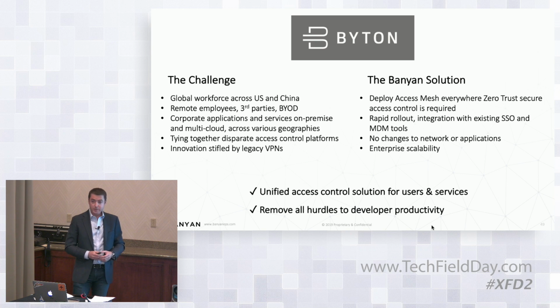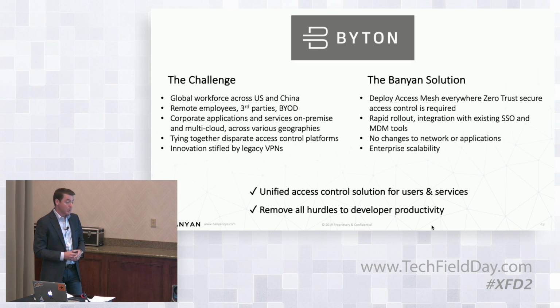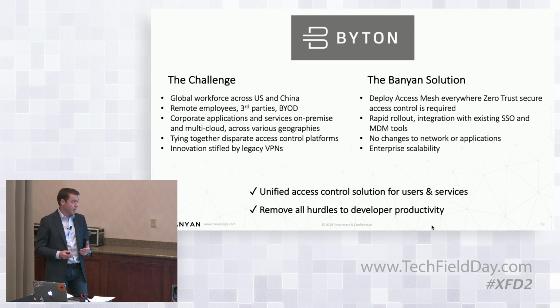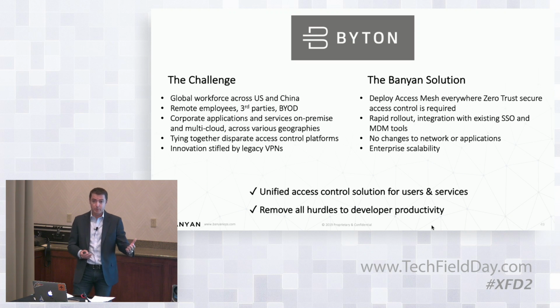Their challenge was that, from a user side, they had a distributed workforce. They had users in China and in the US, BYOD devices and corporate devices, dynamic infrastructure in a multi-cloud realm, but also traditional enterprise applications, the traditional ERP type applications, because they are a car manufacturer.